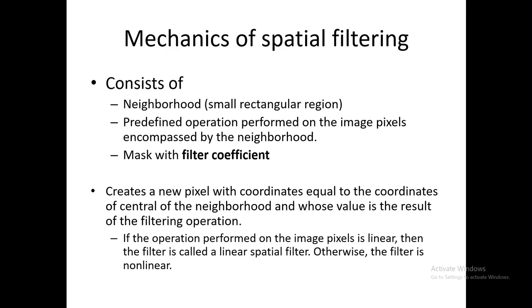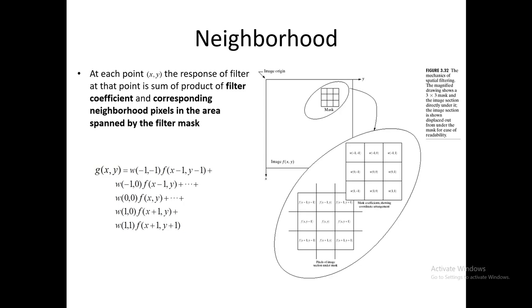If the operation performed on the image pixels is linear, then the filter is called a linear filter. Otherwise the filter is non-linear. The figure shows the mechanics of spatial filtering using a 3x3 neighborhood.